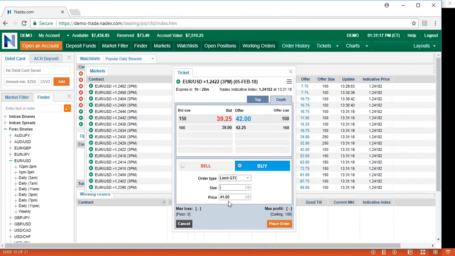Well, I could get this binary for $41 and have a profit potential of 58. So do you see that difference there? On this particular binary, if the market went up 4 ticks, then I could make a nice return there, 58 bucks. But if I bought a spread and it only went up 4 ticks, I'd only make $4, right?